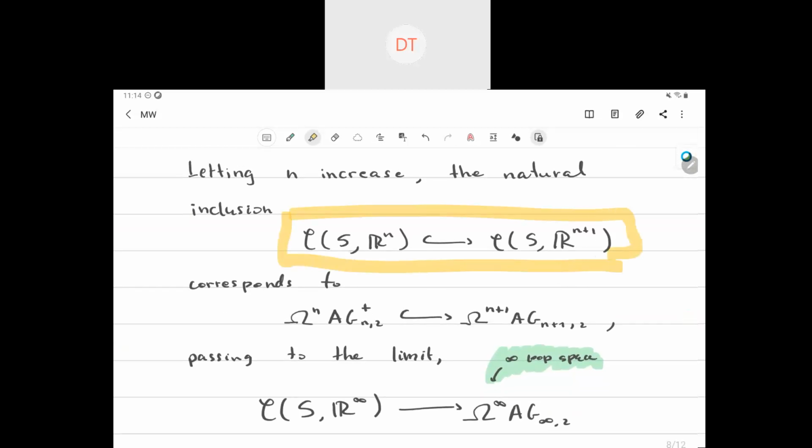If we have an embedding of S into Rn, well, by an embedding of Rn into Rn plus 1, we can get an embedding of S into Rn plus 1. Right? So this arrow really makes sense. And we can produce a map that goes from loops n to loops n plus 1.